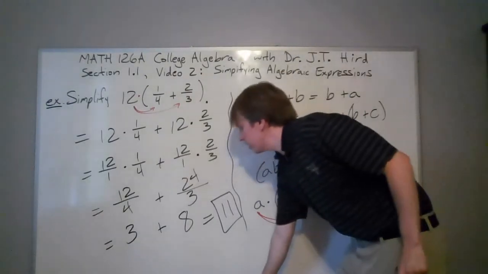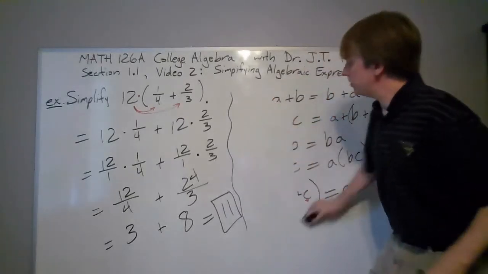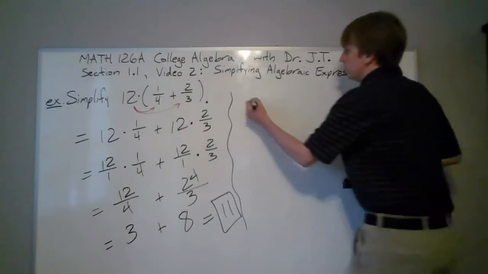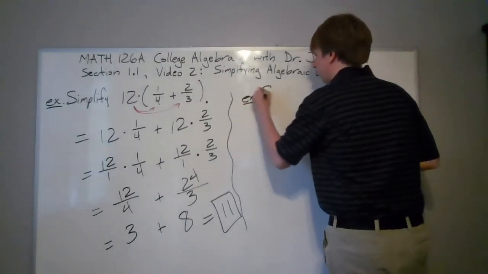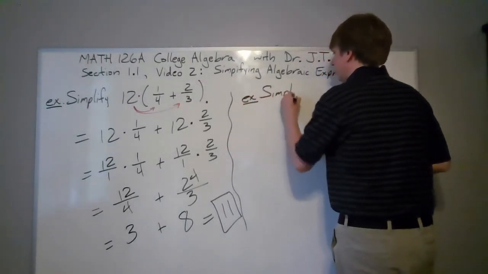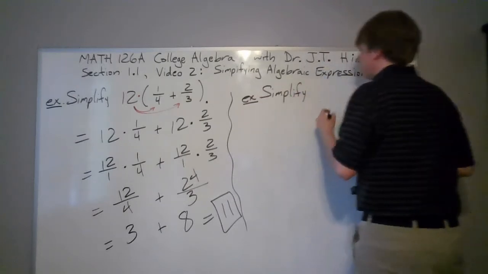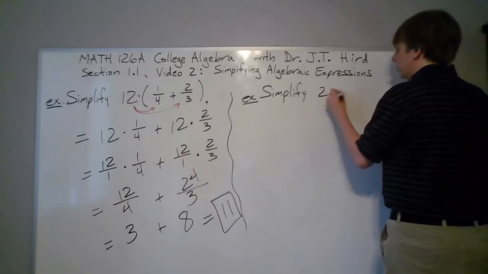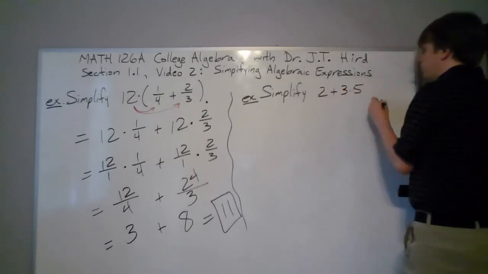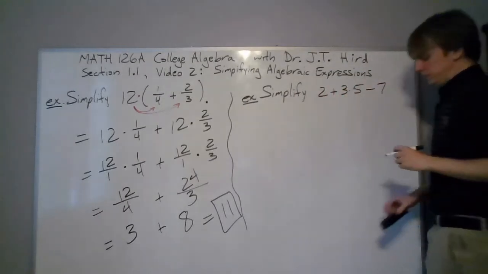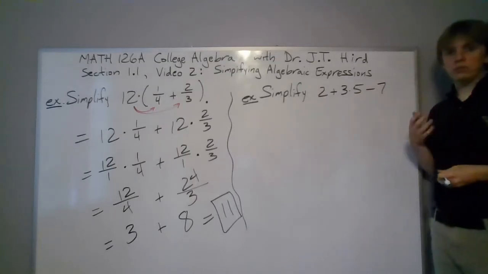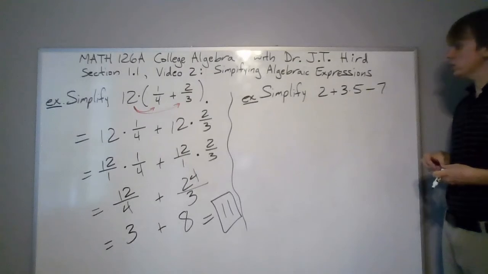Okay, let's try another example of simplifying an expression. Let's do 2 plus 3 times 5 minus 7. Okay, so again, order of operations, we have to do multiplications before we do additions and subtractions.